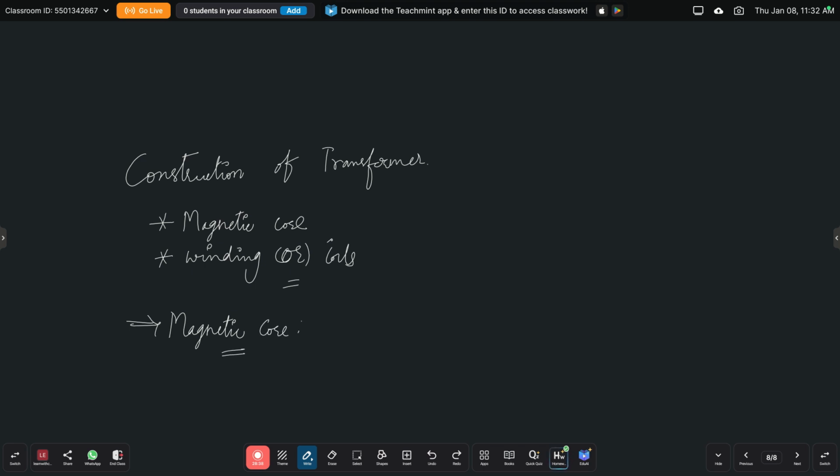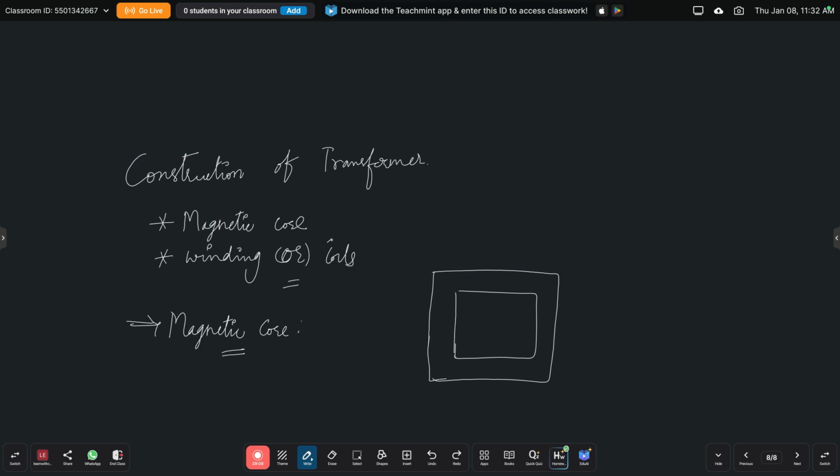Its construction should be such that the maximum flux is created with minimum magnetization current and minimum core losses. The core of the transformer is either square or rectangular in shape.